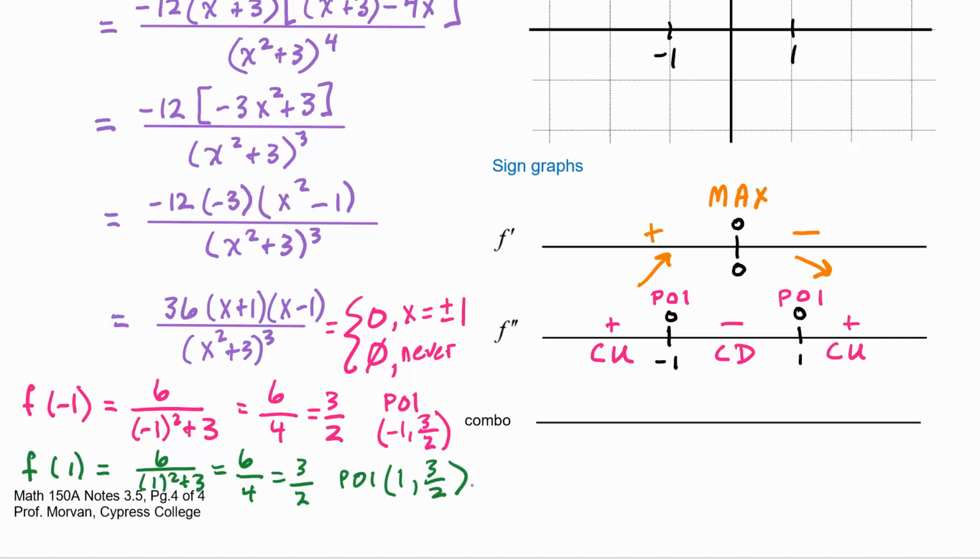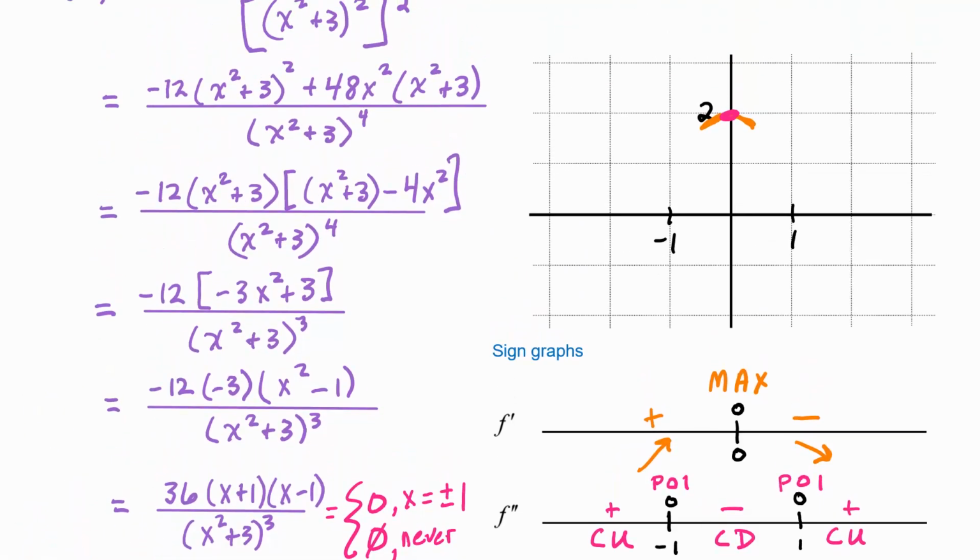So now we can put those two values onto our graph. So there's a point of inflection at negative 1, 3 halves, and there's a point of inflection at positive 1, 3 halves. We already knew that there was a max here at 0, 2.